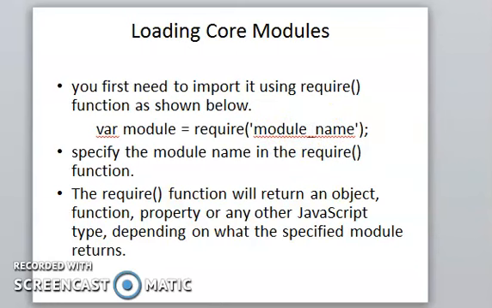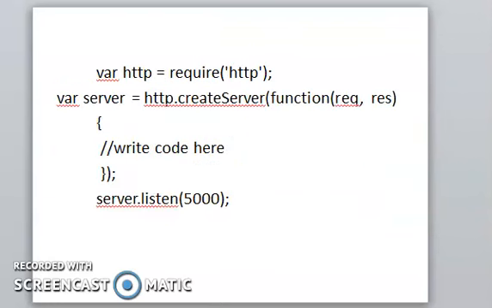Okay, then I'm going to an example. Coming to this example, I am importing the HTTP module. I'm giving only one example, the remaining you can go through. I am including an HTTP module in my application. If I am using URL, then this HTTP will be replaced by URL. So my module name is HTTP.